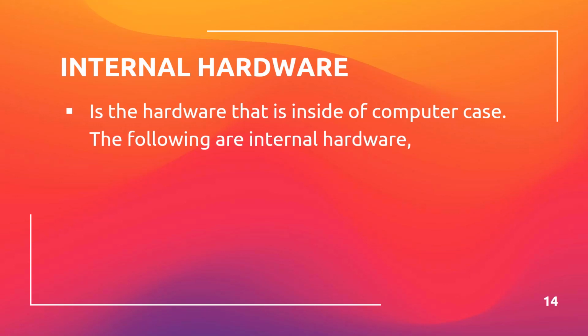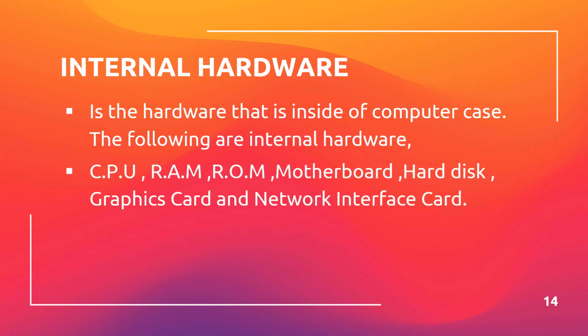Hii ni type ya hardware ambayo iko ndani ya computer case au tunasema CPU. The following are internal hardware: CPU, central processing unit, RAM, random access memory, read only memory, motherboard, hard disk, graphics card, and network interface card are examples.